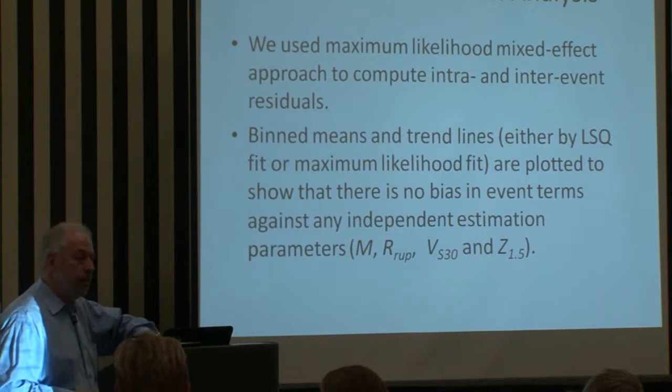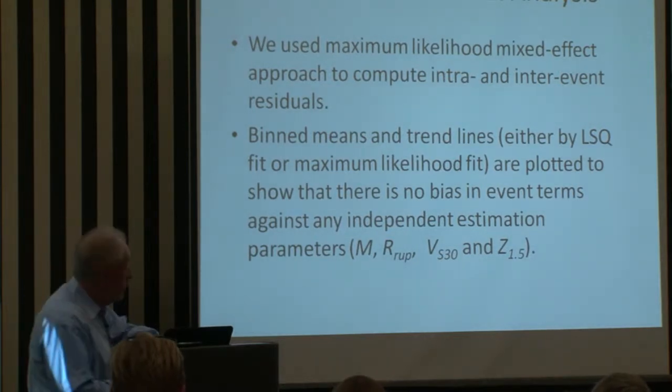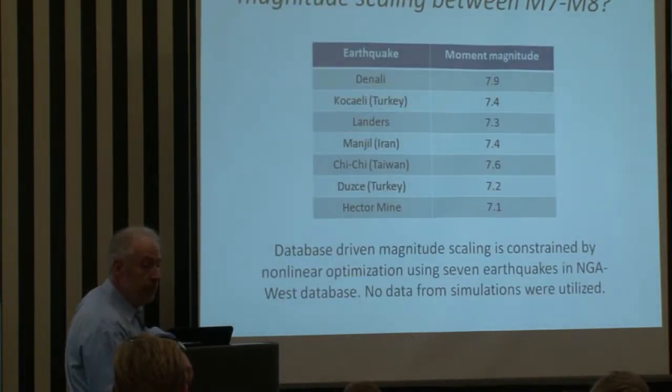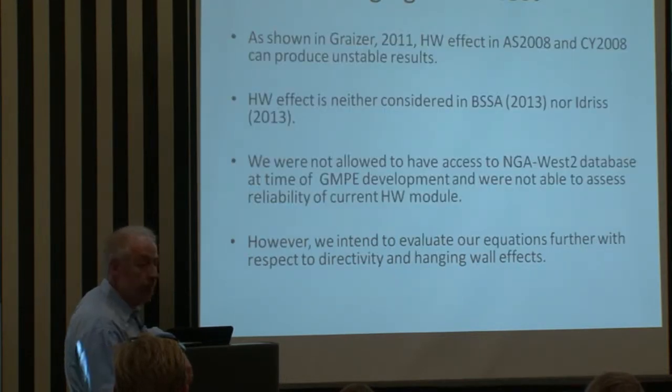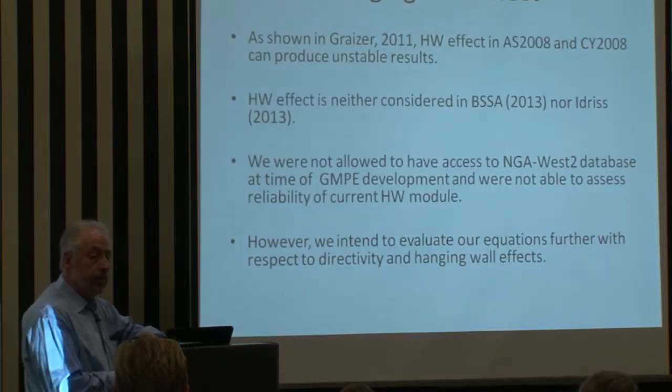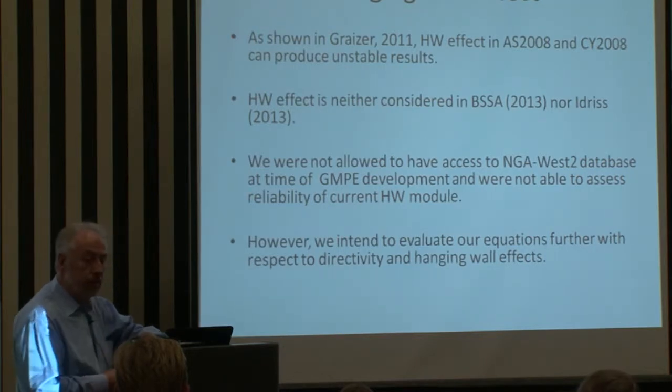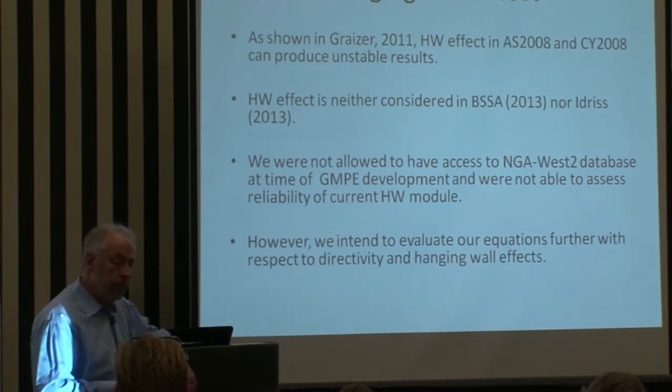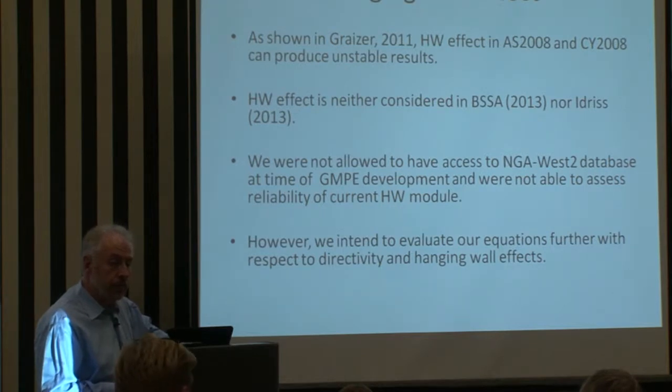Okay. So can we go back a couple, you've got two issues, let's even go to hanging wall. You're using R rupture as your distance metric. So you say the hanging wall effect isn't considered in the BSSA model. That's because they use the Joyner-Boore distance metric, which already has it, right?